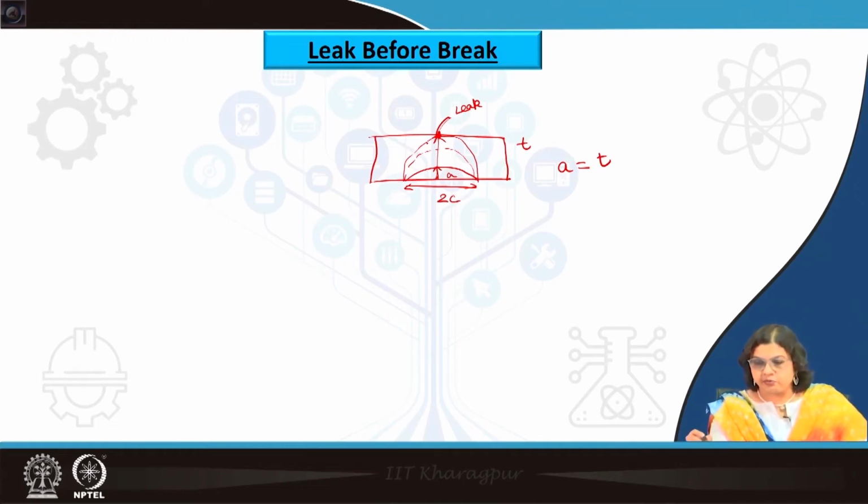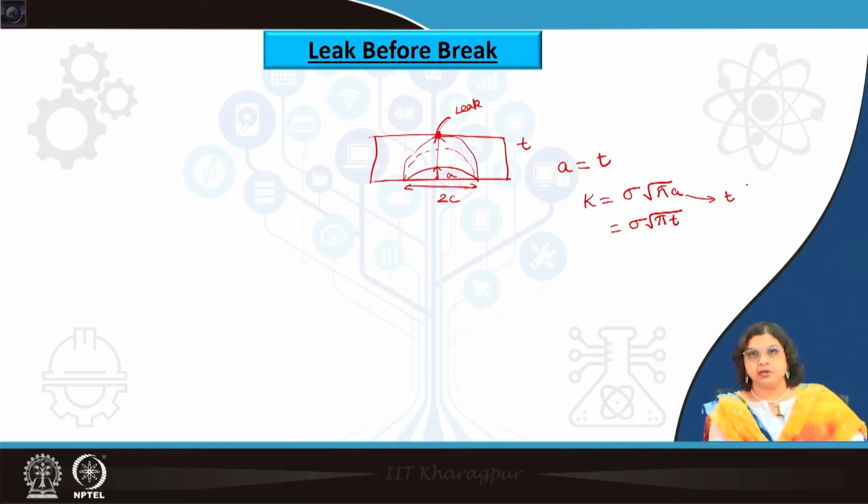So, in case of leak before break condition, the typical relation K equals sigma root over pi a, the one that we have developed from the Griffith criterion itself, is considered as sigma root over pi t, because at the leak before break condition, this a is equivalent to the thickness of the cylinder. Okay. So, to make the leak before break condition applicable, we have to check whether this a equals t can be obtained, and still it should not exceed the typical fracture toughness value of a material.